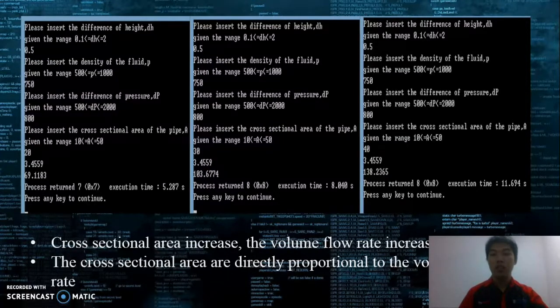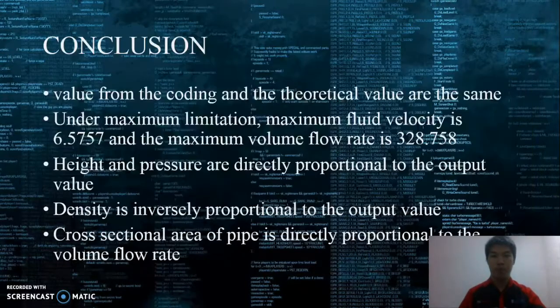The velocity remains constant because the cross-sectional area is not involved in the first function, but the second is involved, so it will increase gradually. So as the cross-sectional area increases, the volume flow rate will increase. The cross-sectional area is directly proportional to the volume flow rate.